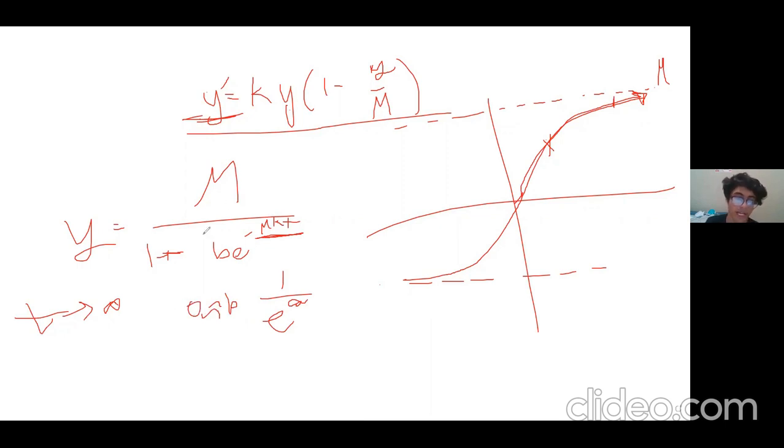And so over time, you're going to just be having m over 1 plus 0. So all of these computations over time are just bringing you closer to this m, the horizontal asymptote, but you never reach it because you never technically get to infinity, right? Something that's just far and just out of reach.